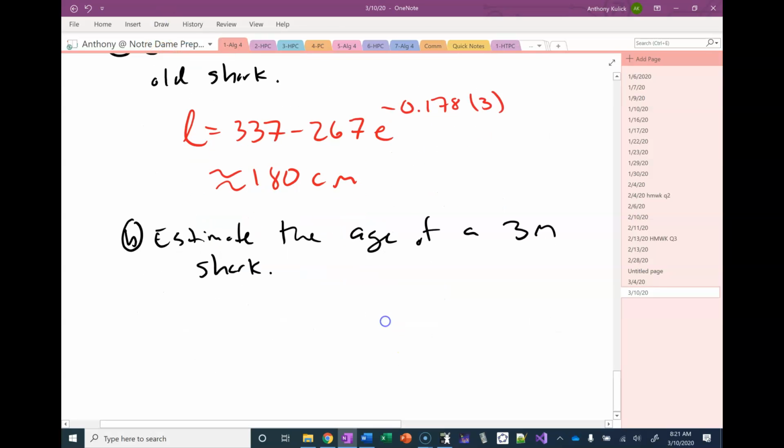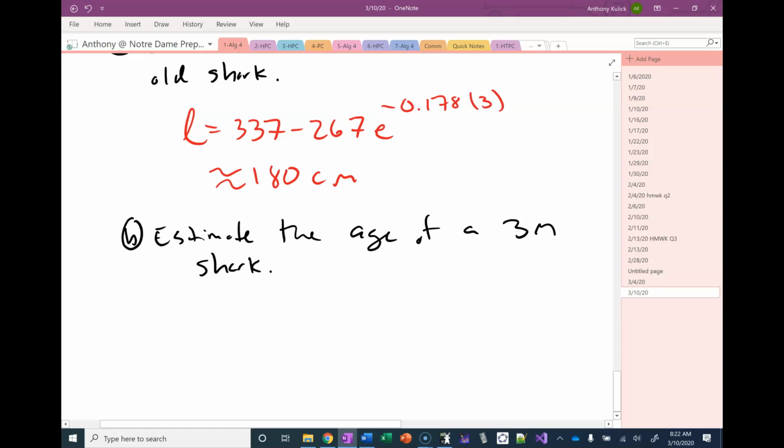Next up, we're going to ask you to estimate the age of a 3-meter shark. What am I looking for here? The value for t. Okay, so I'm going to have to plug in a value for L to get that. What value of L am I going to plug in? What? 300. Why 300? Yeah, we need to make sure that we've written our L in centimeters.